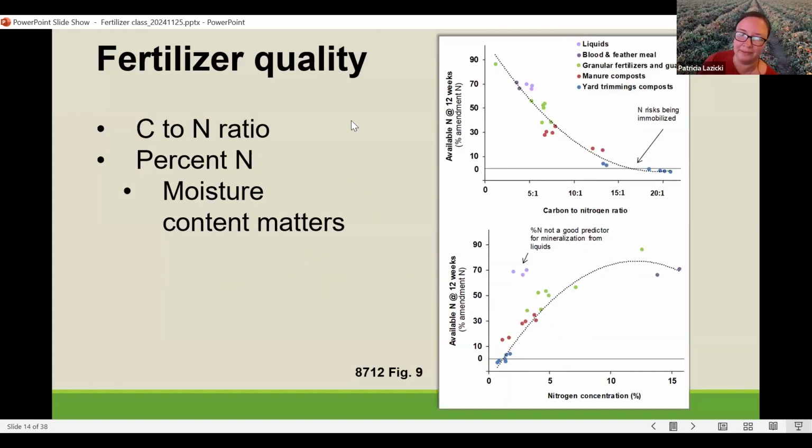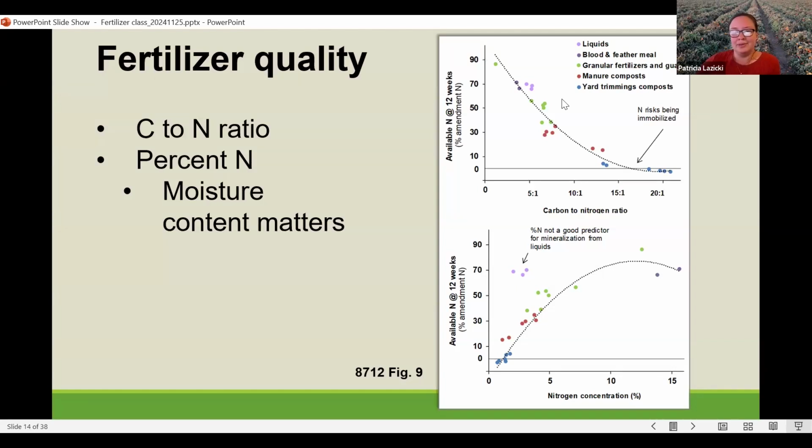So again, as we've mentioned, the total N that will be available over the season, so in our incubation, 12 weeks was our approximation for seasonal availability, closely related to this top graph shows the C to N ratio across the whole range of amendments.